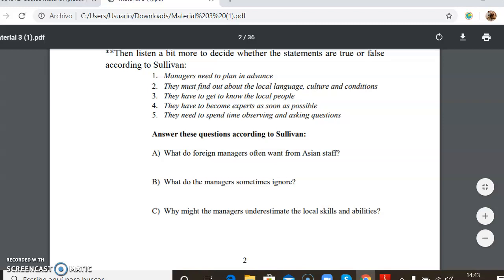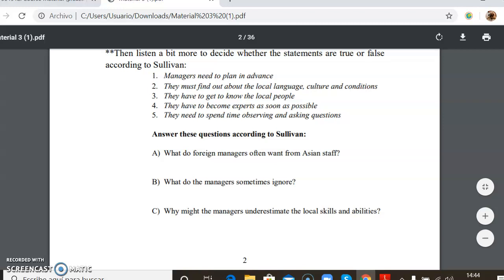There are some mistakes that foreigners as managers make when managing Asian staff. For example, Thai and Chinese. Some international managers want their Asian staff to be more forceful. Another thing is they want them to be able to deal with problems logically, and they want their staff to be ambitious like them.